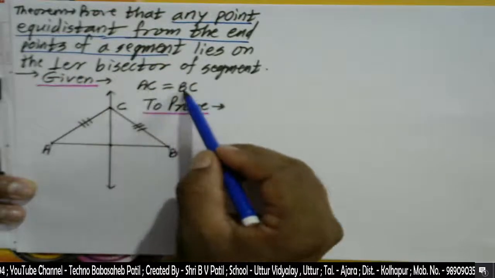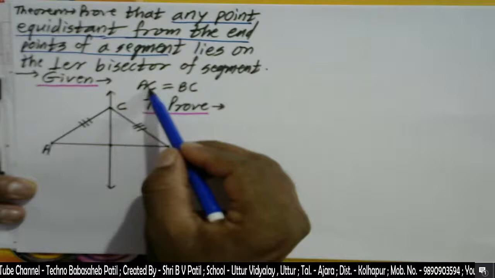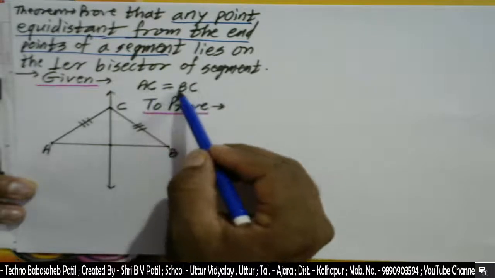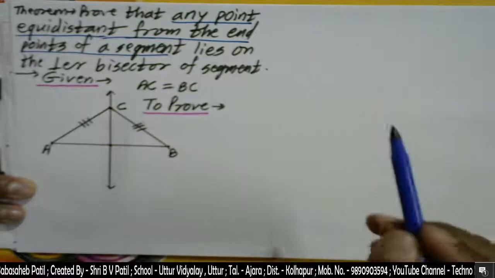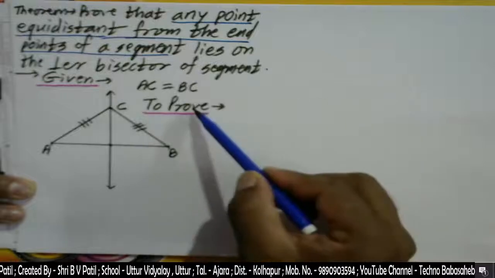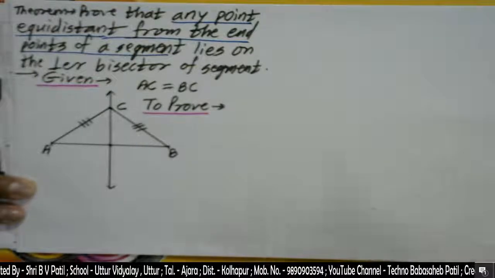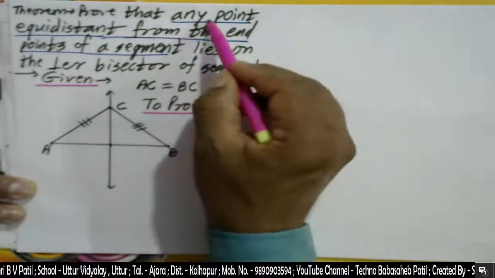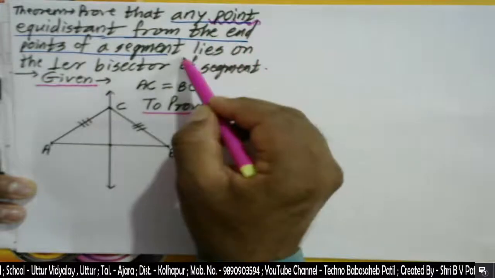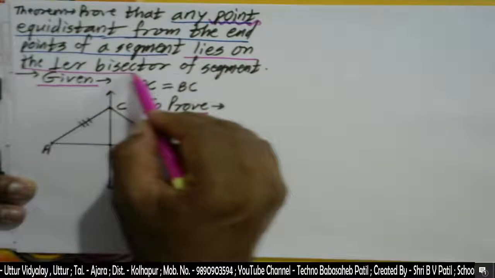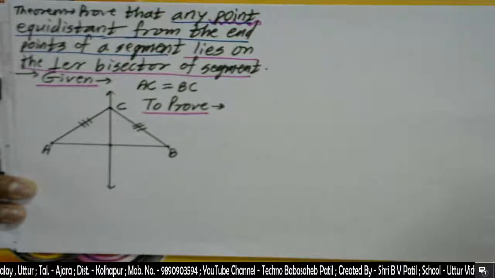A and B are the endpoints, and that AC and BC distance is similar. Then to prove, means that point lies on perpendicular bisector of a segment.